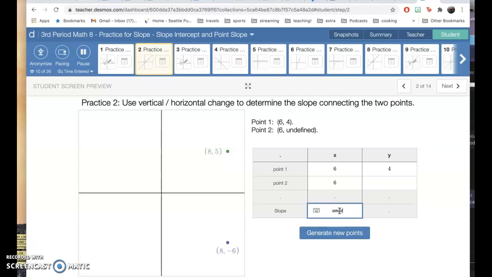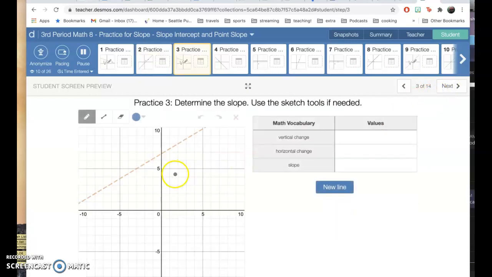So again, this is undefined, because my points are -6, and this is 8. My other point is 8, and then this is 5. Now the trick is, when you have an undefined slope, it's not going to be a line.